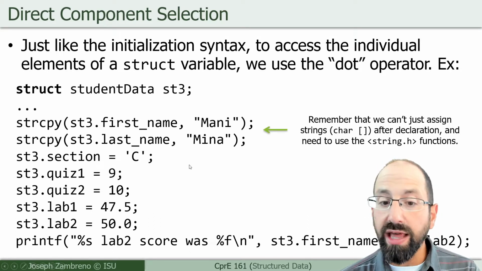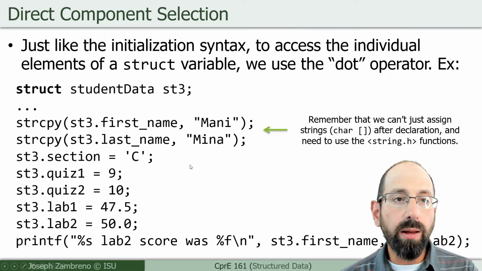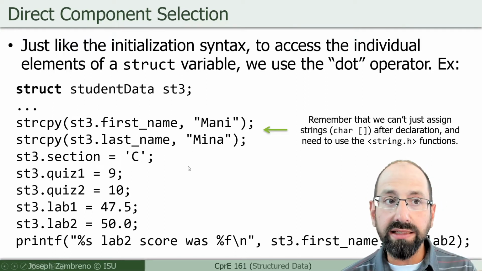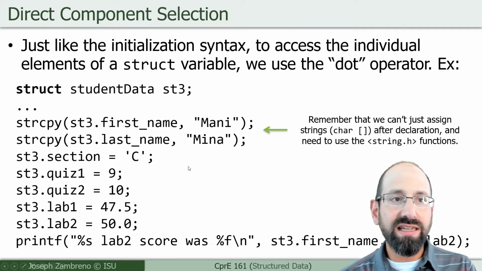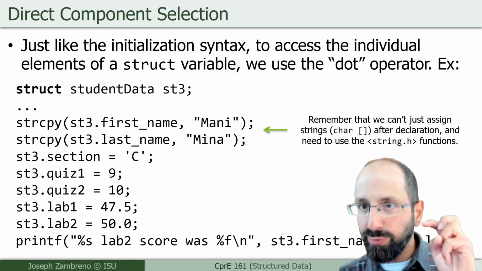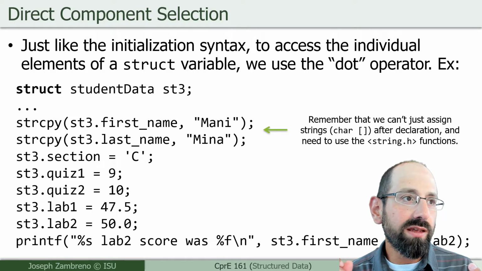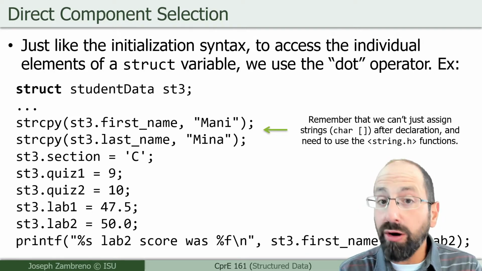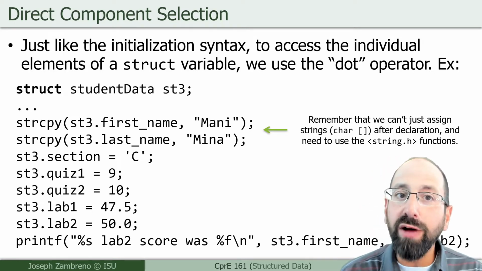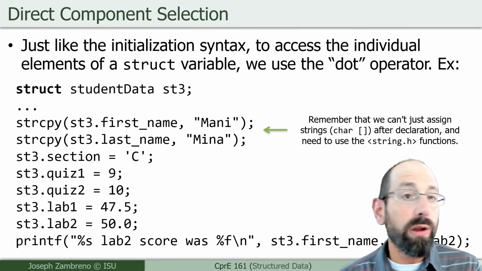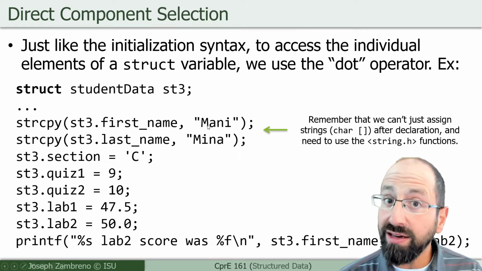We got to remember though that we have our strings, right? First name and last name are character arrays. We can't just set st3.first name equal to Mani or last name equal to Mina here, because they're an array. And for better or for worse in C, we can't do that direct array initialization of our variables. We have to use some function or some for loop to do that initialization.